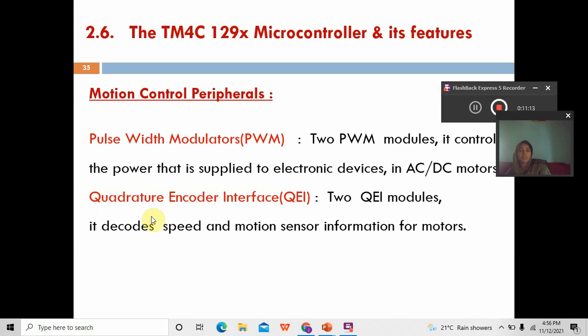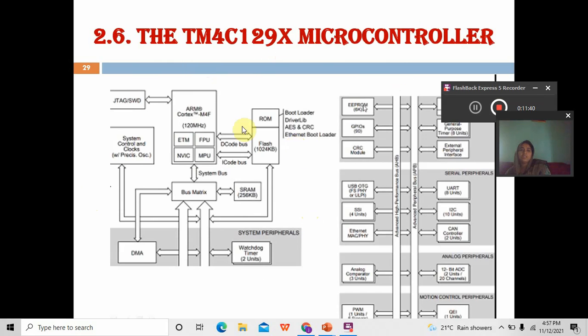And the second one is the quadrature encoder interface, QEI, 2 QEI modules, and these QEI modules decode speed and motion sensor information for motors. So mainly for motor purposes to reduce the power, we use these two, PWM and QEI, in TM4C129 microcontrollers.